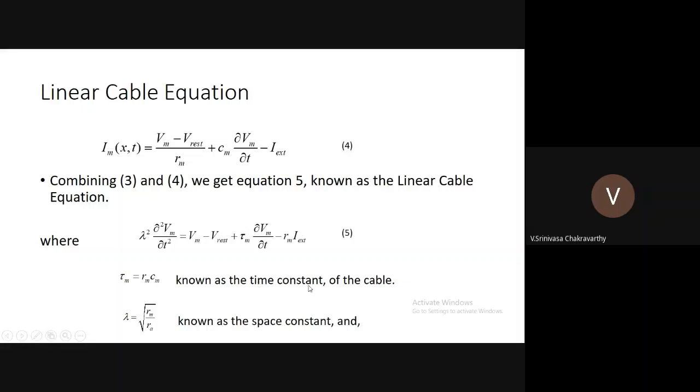To give an intuitive idea of what these quantities mean: if I inject some current, the wave loses amplitude as it propagates. If you ask how much distance it has to travel before it loses amplitude by a certain factor, you are invoking a space constant.